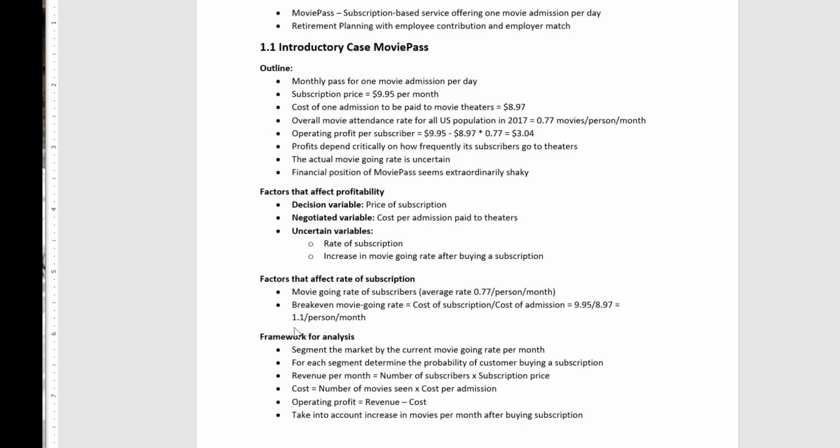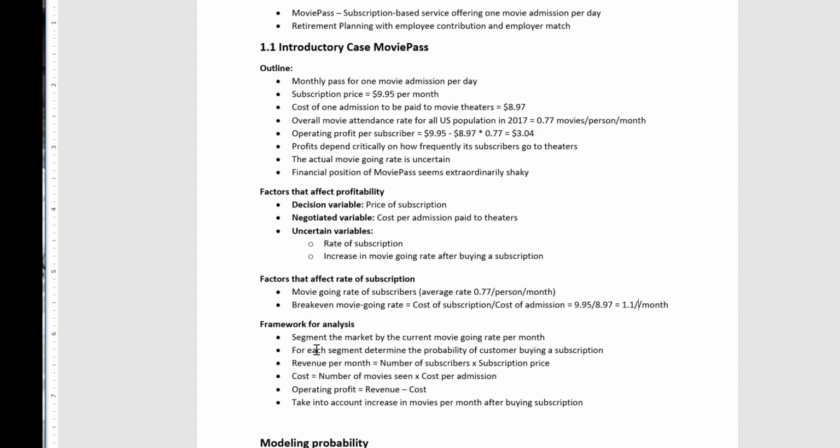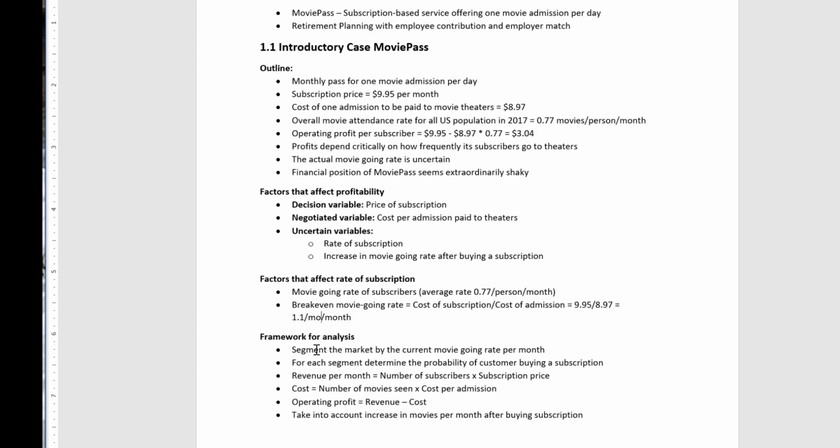So that gives us, if an average person goes 1.1 movies per month, then that's the break-even point.